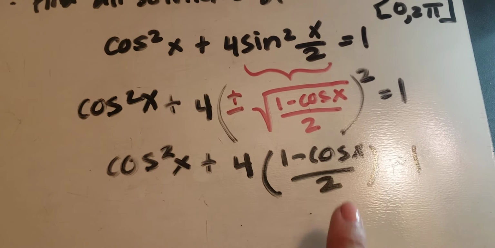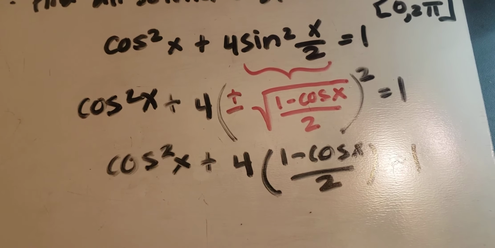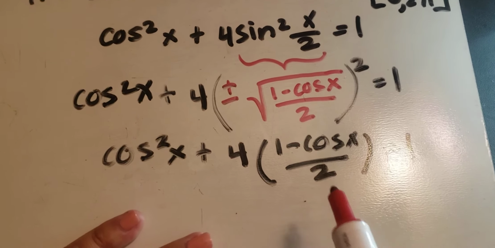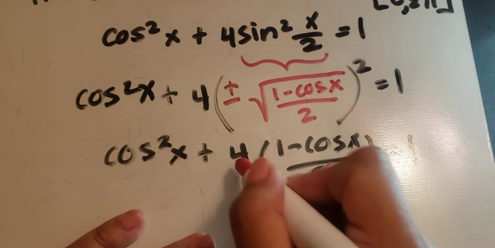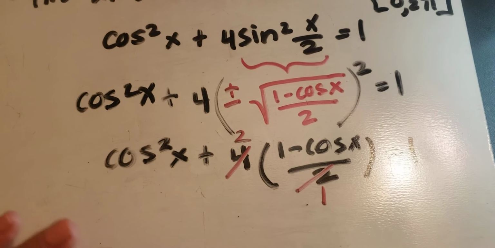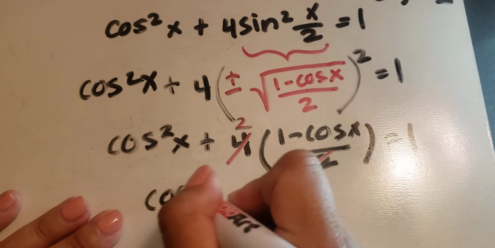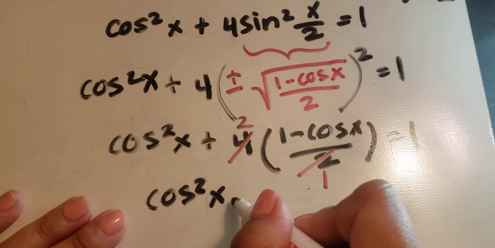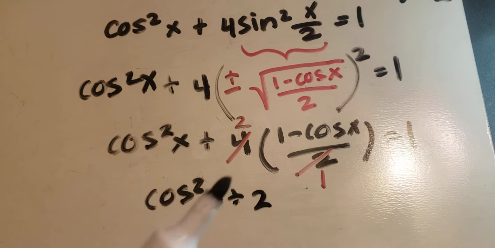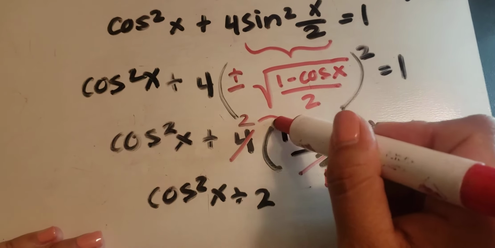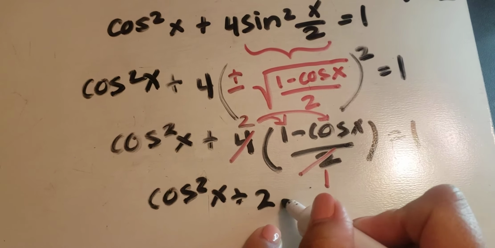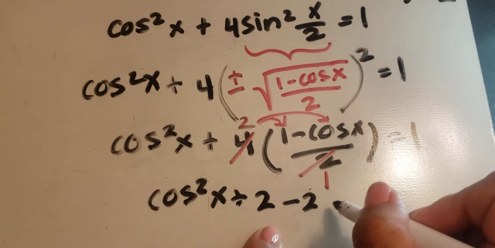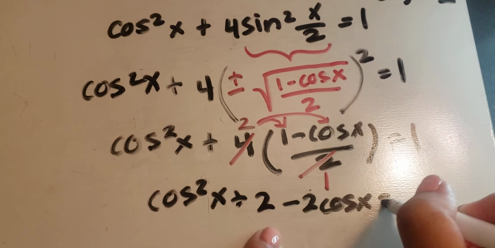Now I'm going to start to simplify this. I can simplify the numerator and denominator, so this will be 1 and this will be 2. Now I'm left with cosine squared of x plus 2, and then I want to distribute: plus 2 minus 2 cosine of x equals 1.